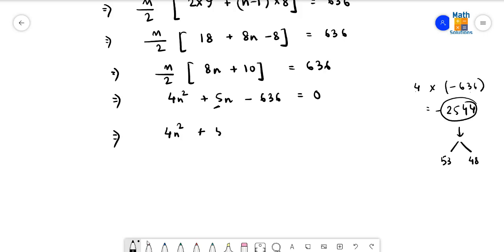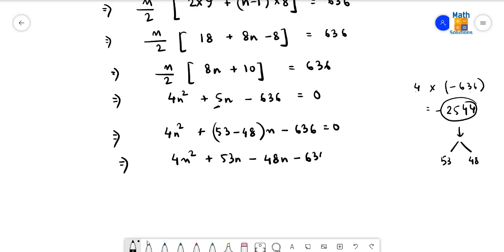So we get 4n square plus 53n minus 48n minus 636 equal to 0.